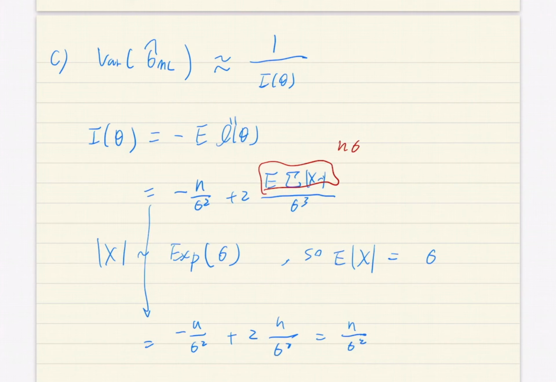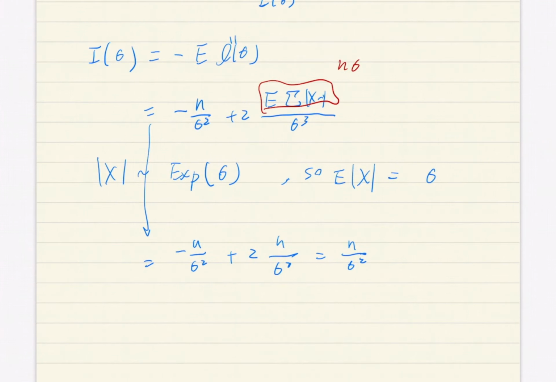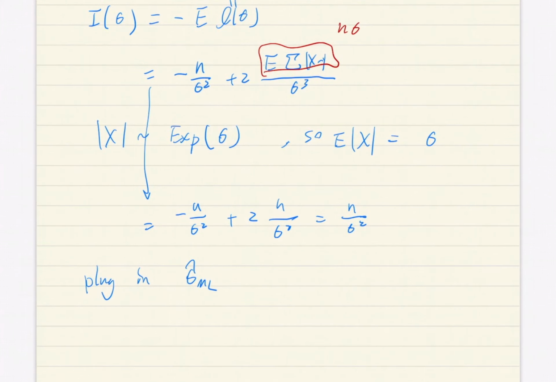Oh, sorry, here's sigma. Okay. Then we have to plug in the MLE estimator. So plug in. Then we can get the variance of sigma hat MLE can be approximated by sigma hat MLE with power 2 over n. Okay, that's all.